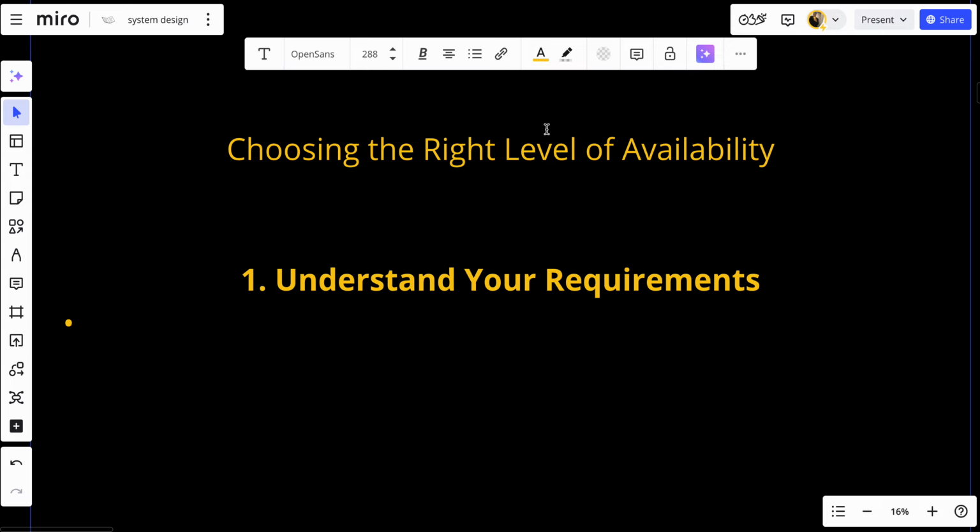The level of availability you need depends on your use case. Mission critical systems like healthcare or financial systems need very high availability because failure can have severe consequences. Non-critical systems like internal tools may not need such a high level of availability.